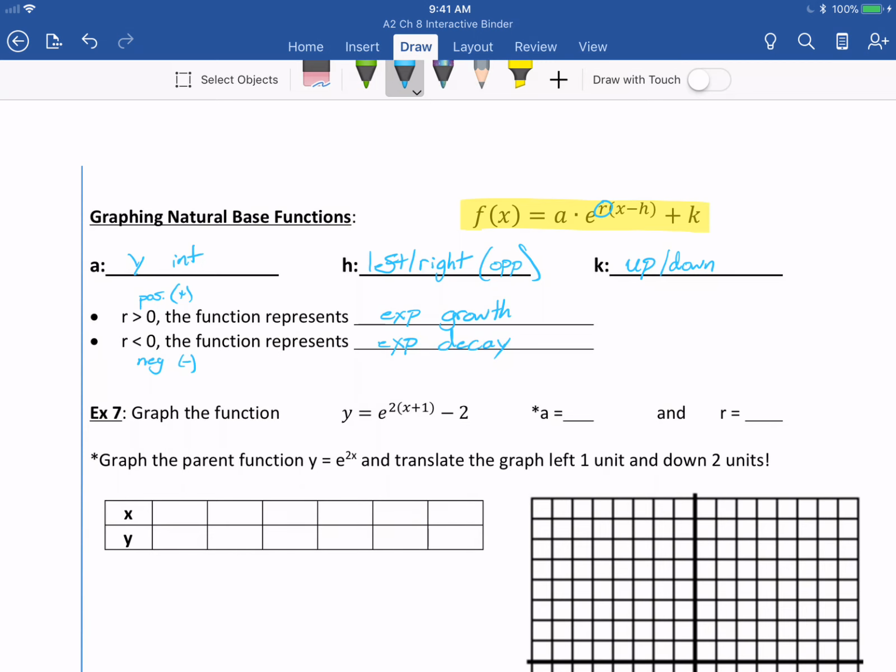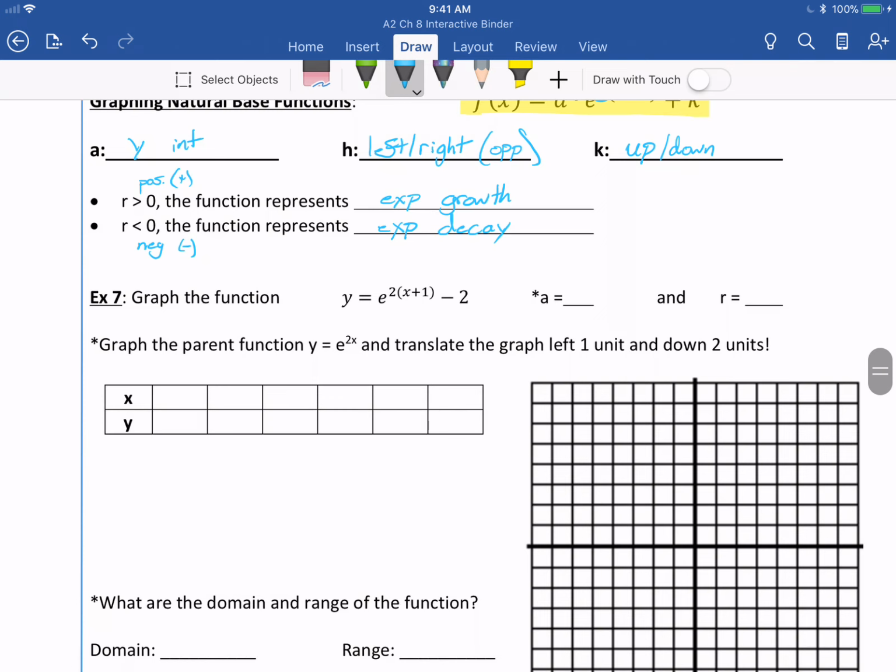All right, so here we go. Graph this function: y equals e to the 2 times x plus 1, minus 2. Okay, so I always like to just go through and find my parent function, just like we did before. You got to find that parent function, and then we're going to move it up, down, left, and right. So again here, my a is 1, so that's my y-intercept. Remember, if there's nothing out in front of it, it's 1.